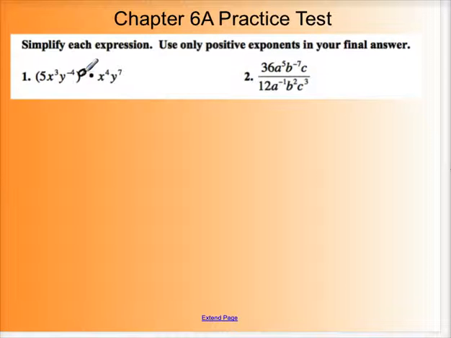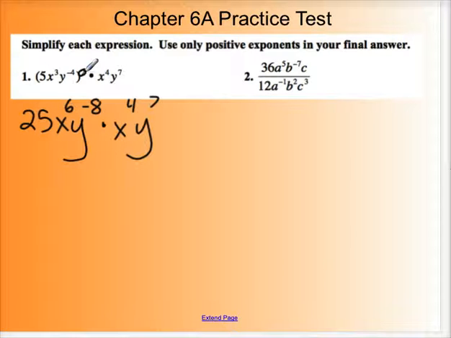So you get 5 squared, which is 25, x to the third squared. Now remember, power of a power, you multiply, and then y to the negative 4 squared. So again, you multiply your powers. That is one of the key things. Power of a power, you multiply.